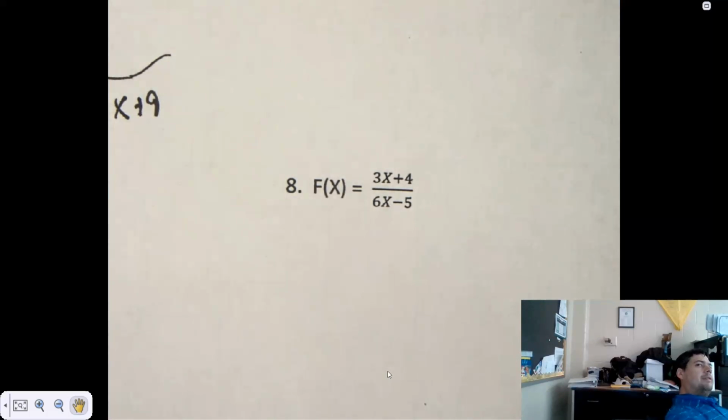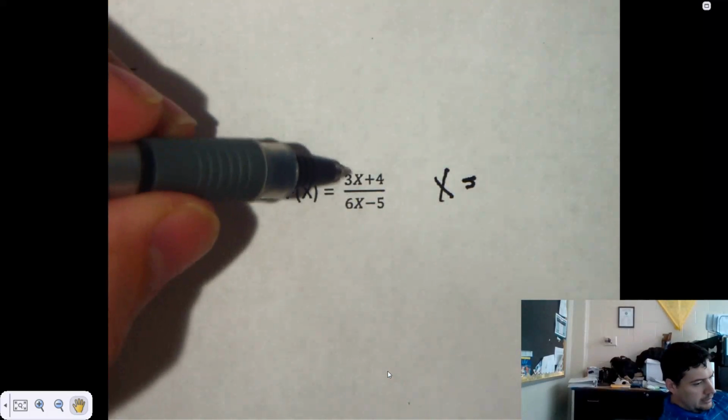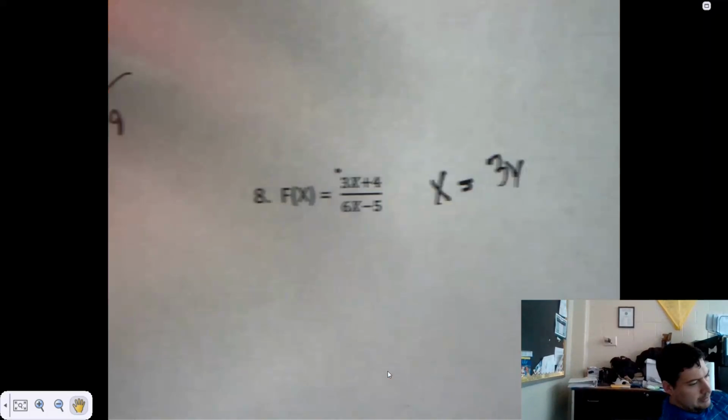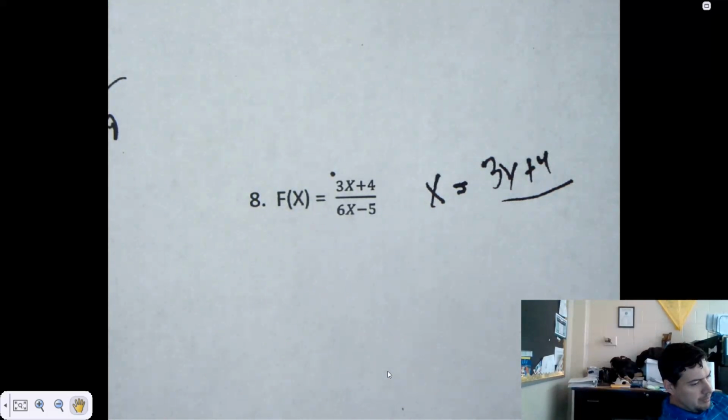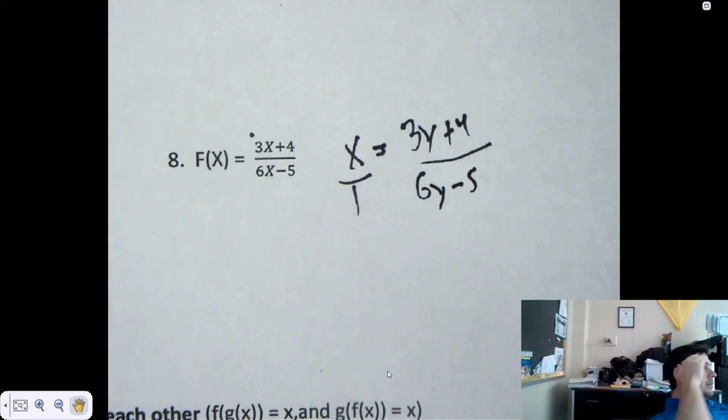All right, so f of x becomes y. It becomes x. The 3x becomes 3y. 6x becomes 6y. Now, I was telling you all to cross multiply on these.